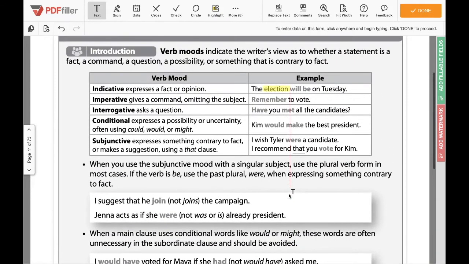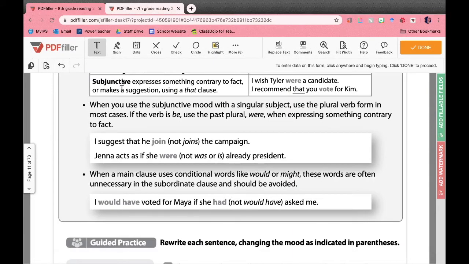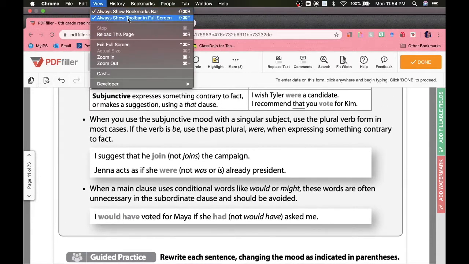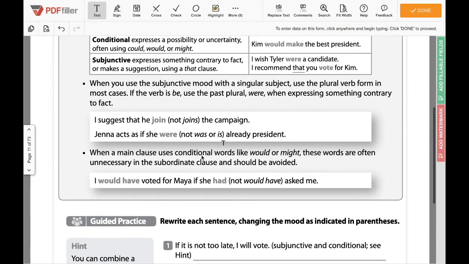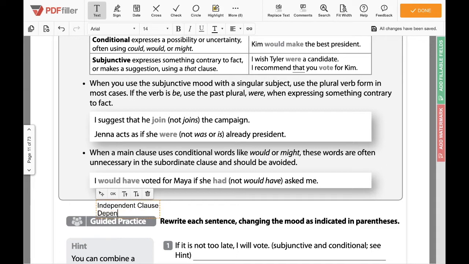So I'm sure you guys are super confused here. I should have mentioned this, but I just did not think to. When it's talking about subordinate clauses and main clauses, we have already talked about independent and dependent clauses, right?